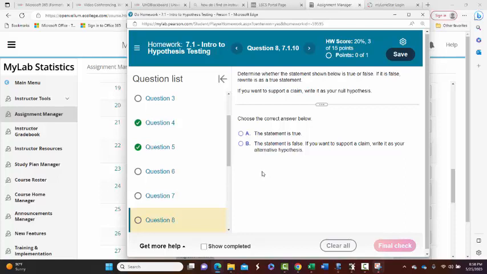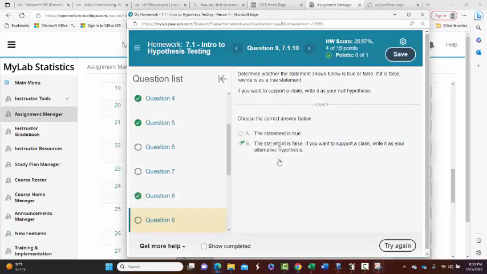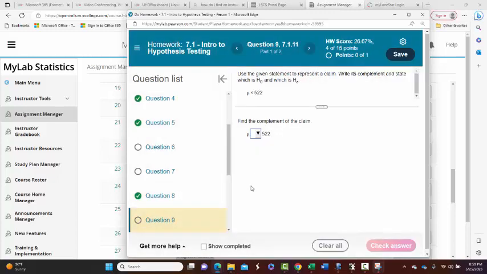So this is false. If you want to support a claim, you need it to be the alternative, because that means you're rejecting the H0. In other words, if the claim is the H0 and you don't reject it, you're not supporting it. You can't ever support the H0. You can only support the alternative. Okay, I think that one's easy enough.